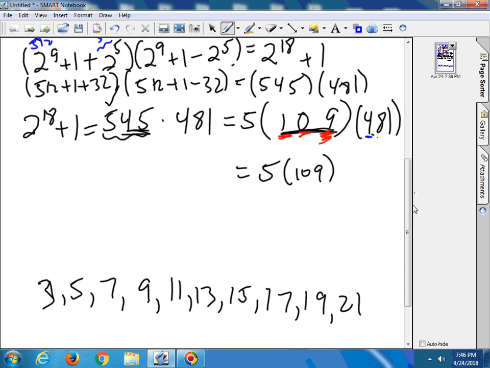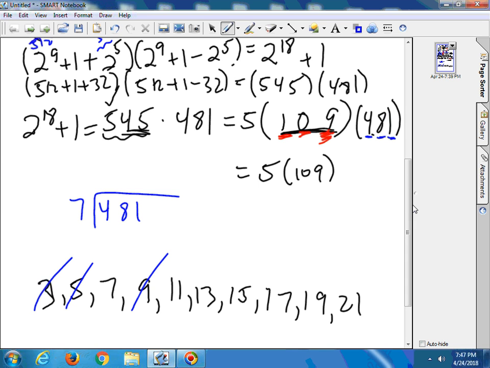Well, if you add the digits 4, 8, and 1, that adds up to 13. Well, 3 doesn't go into 13, nor does 9. And 5 doesn't go into 481 because it ends in 1. What about 7? 7 into 481.